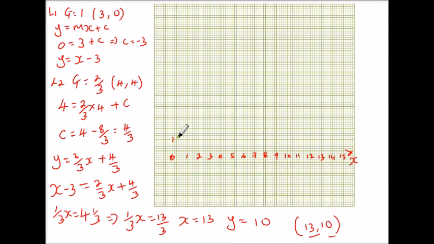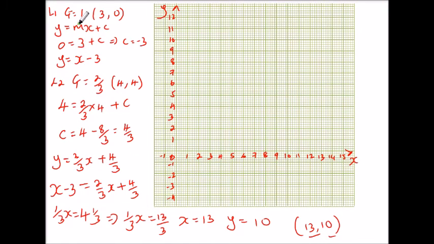The y-axis, we have 1, 2, 3, up to 12. So this is our y-axis. We can have the negative side, -1, -2, -3, -4. The other one can have -1.